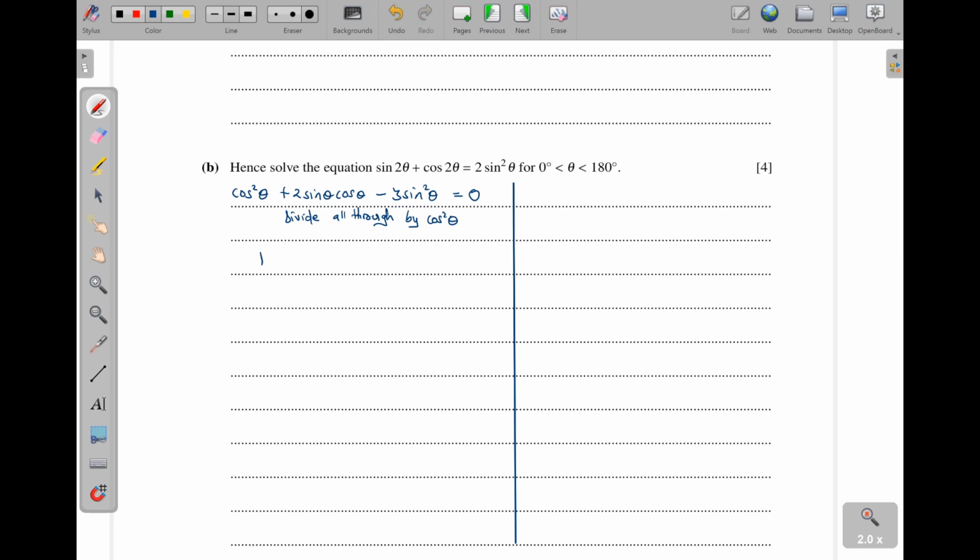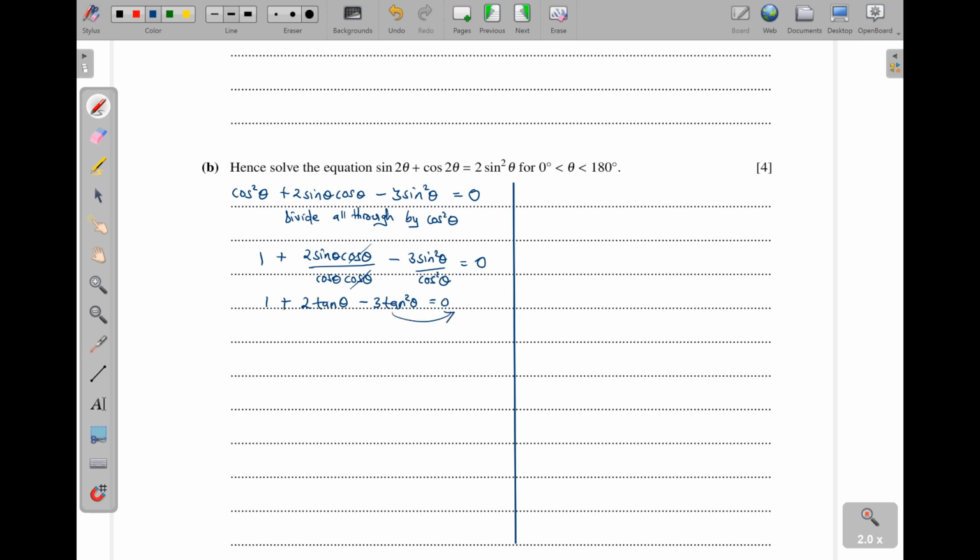So here I will have a 1, then plus, remember you have 2 sine theta cos theta, then down here you have cos squared is the same as cos theta, then cos theta. You see that 1 goes, and then minus 3 sine squared theta over cos squared theta. Of course, 0 over cos squared theta would be 0. So you have 1 plus 2 tan theta, then minus 3 tan squared theta is equal to 0.